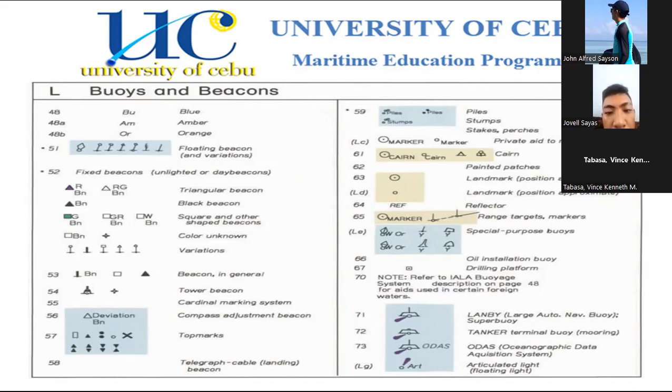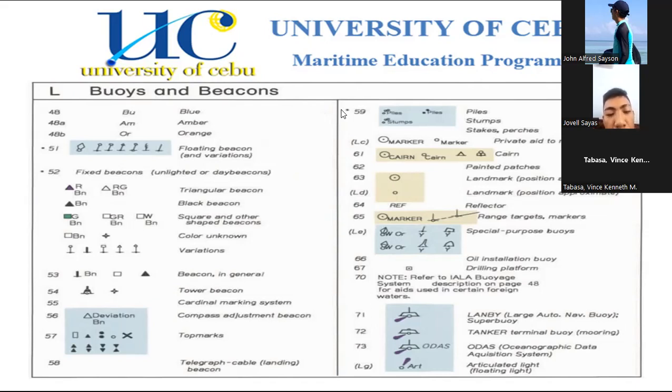And private aid to navigation. 61 is cairn. 62 is painted patches. 63 is landmark position accurate, and with LD, landmark position approximate. 64 is REF, reflector. 65 is range target markers within LE.